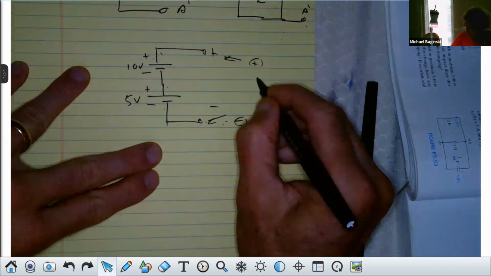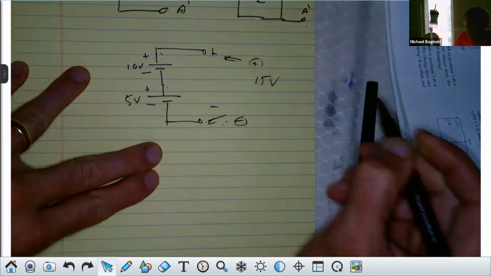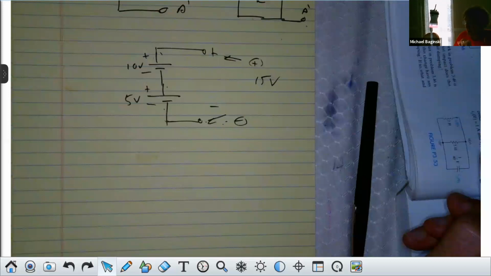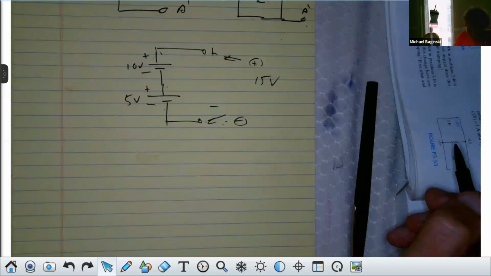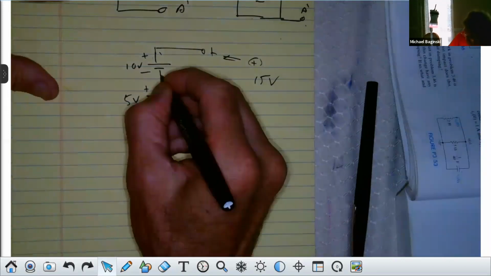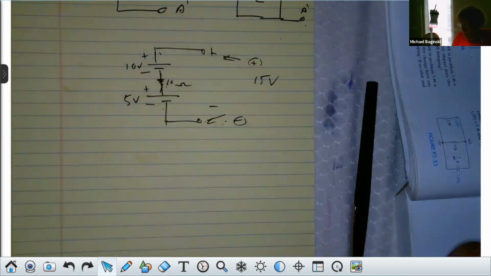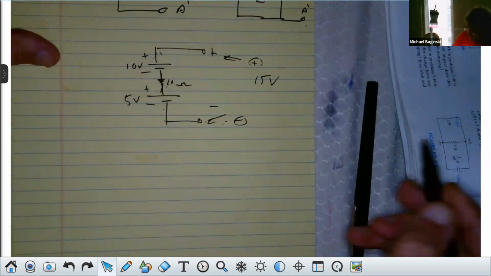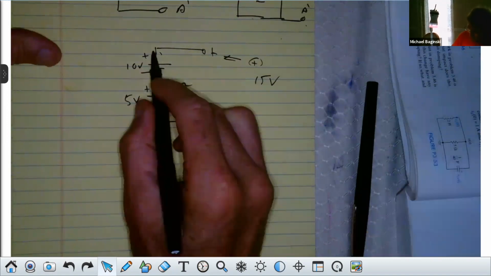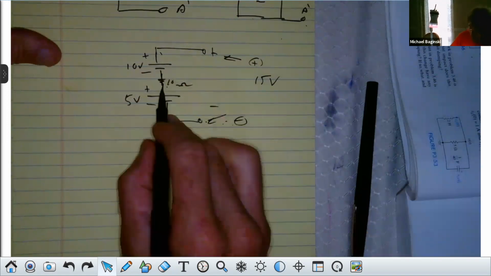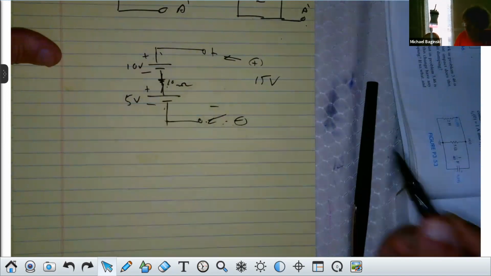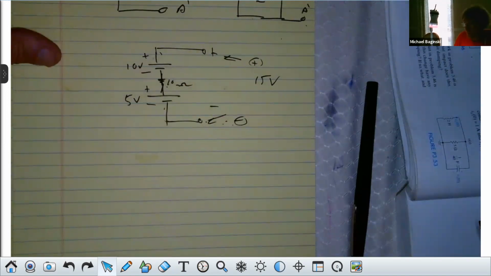That would be 15 volts, right? Now you notice no current's flowing, right? It's an open. If I put a resistor here, 10 ohms, no current's flowing, correct? How much voltage do you read here? Increase of 5, nothing. Increase of 10, you read 15 volts, right? Isn't that right?